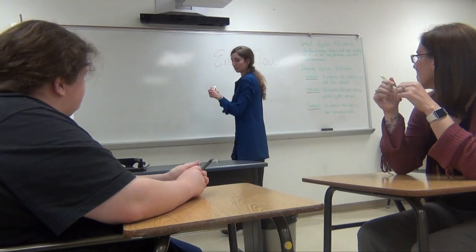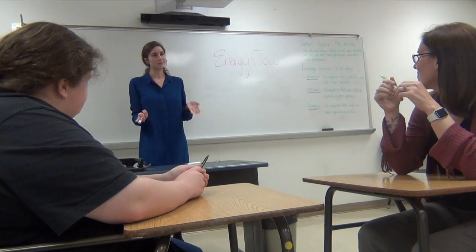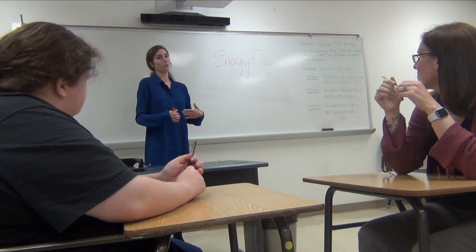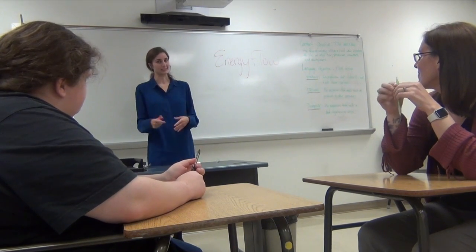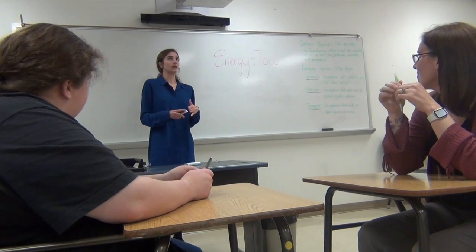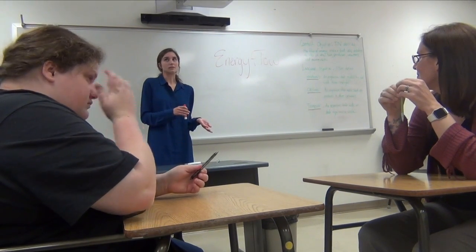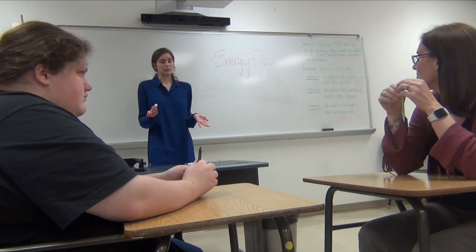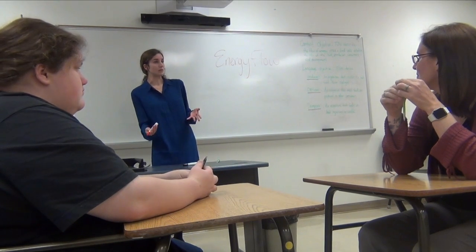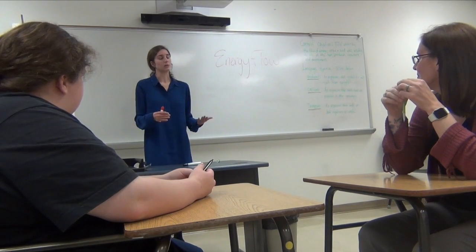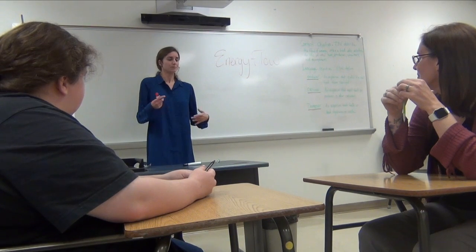Okay, so if you guys remember from last week, we talked about organisms in an ecosystem and how they all affect each other. So one organism is impacted by another or needs another organism within an ecosystem.